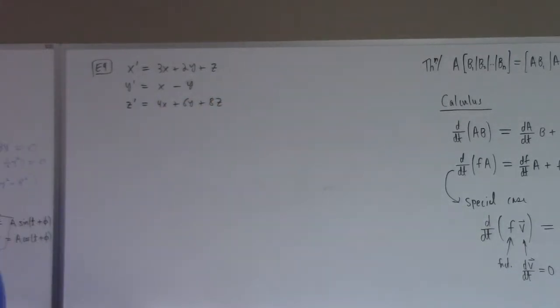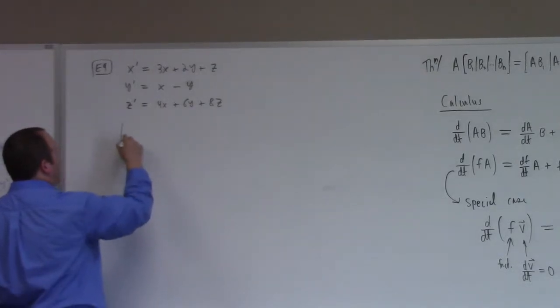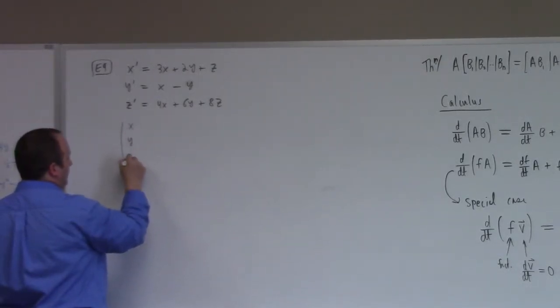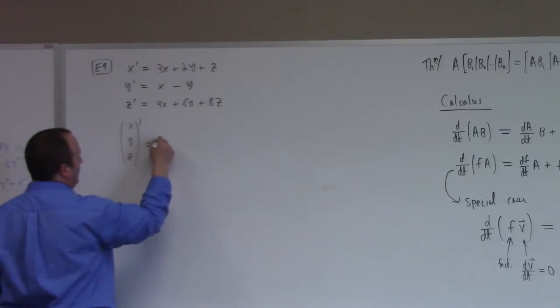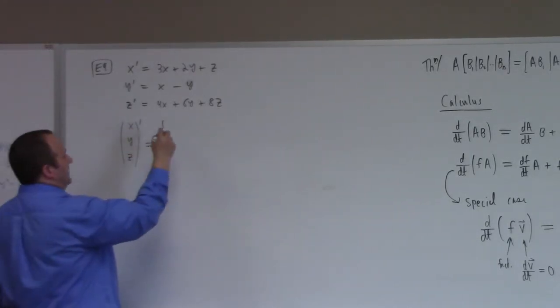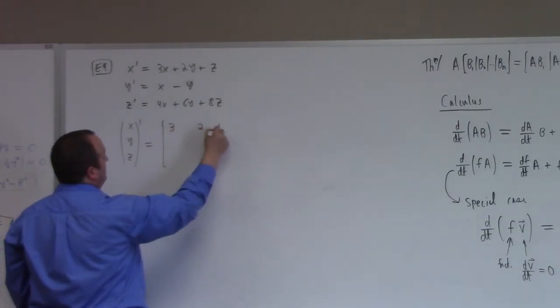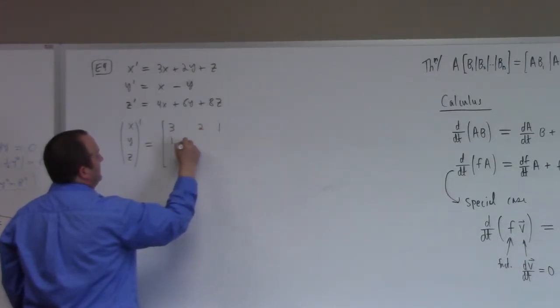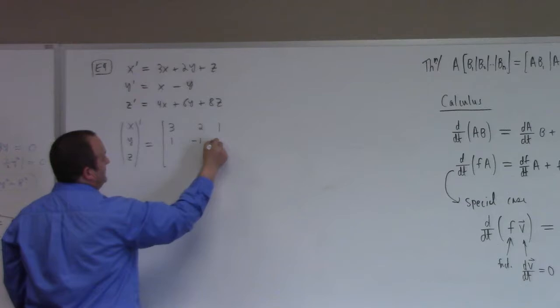This would be a system of 3 differential equations, right? And you could rewrite this in matrix normal form, like so. And so we got 3, 2, 1, 1, minus 1, 0.